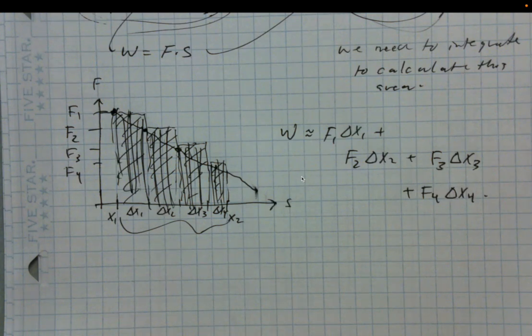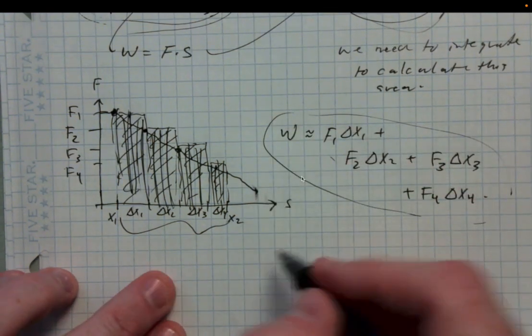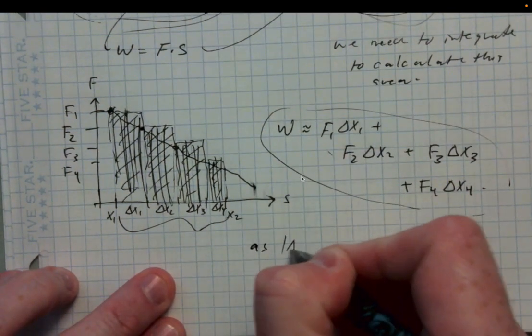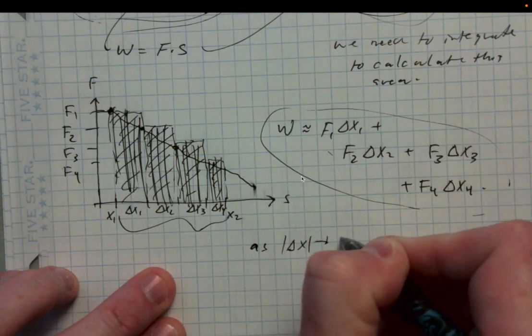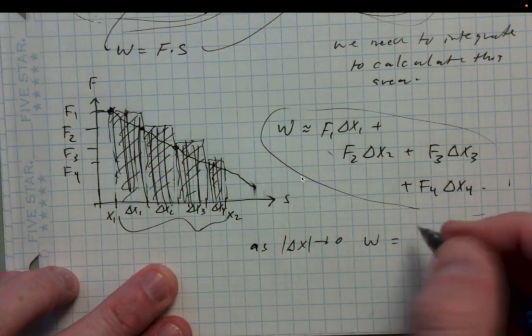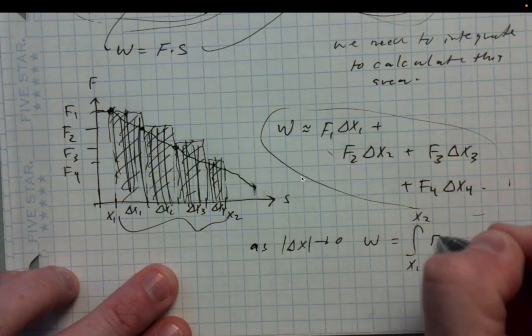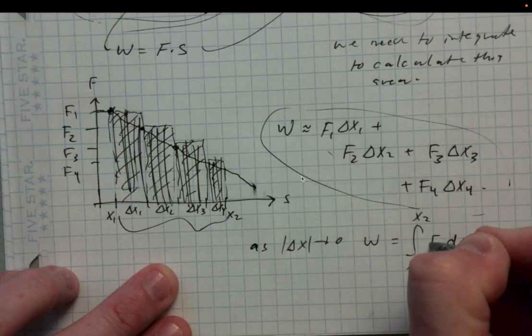And as the width of the partition goes to 0, this sum gets better and better, and in fact, we say that as the partition goes to 0, the work equals the integral from x1 to x2 of f dx.